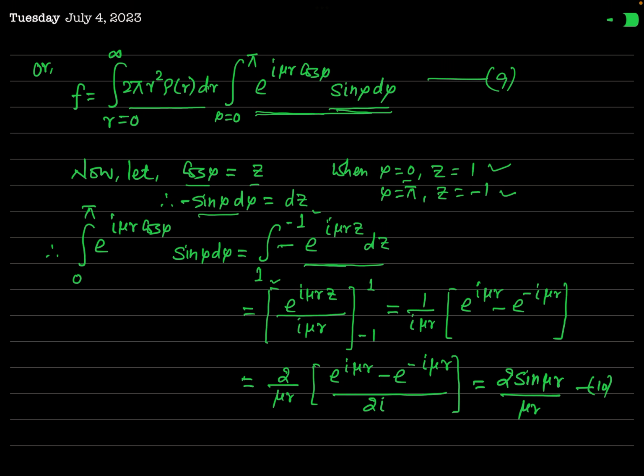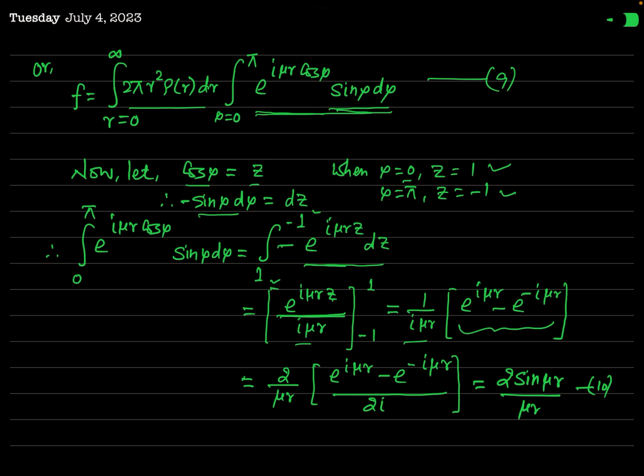And the integral of e to the power i mu r z will be e to the power i mu r z divided by i mu r, with limits minus 1 and plus 1. Now let us substitute the limits for z. This will be 1 over i mu r times e to the power i mu r, because z is 1, minus e to the power i mu r times minus 1, so I have written here e to the power minus i mu r.